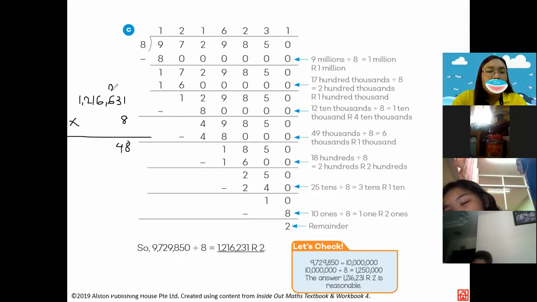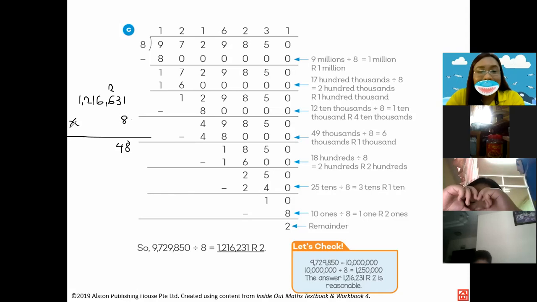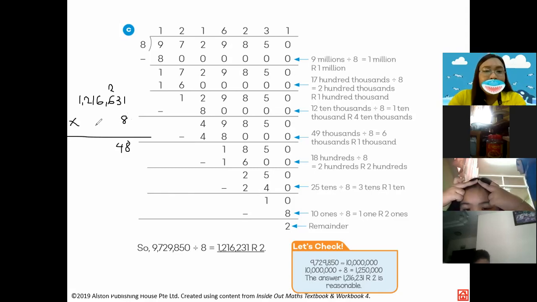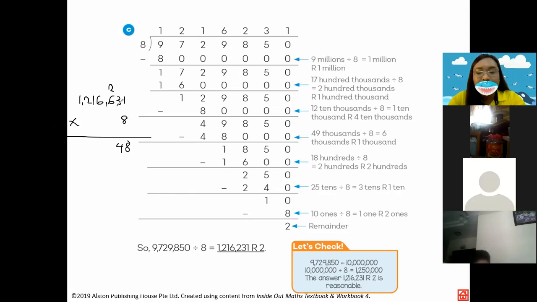And carry 2 over here. 8 times 6, that's 48. Plus 2, that's 50.